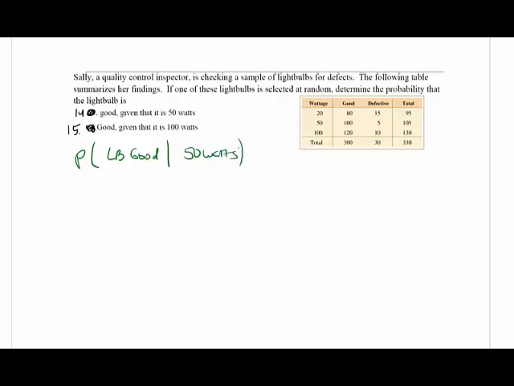So on this first one, the wattage is 50. So that's now my denominator, 105, which is the total of the 50 watts. And out of those, how many of them are good? Should see 100. 5 goes into both of those, which should give me 20 over 21. If it doesn't ask you to round, you want to give the exact simplified version.